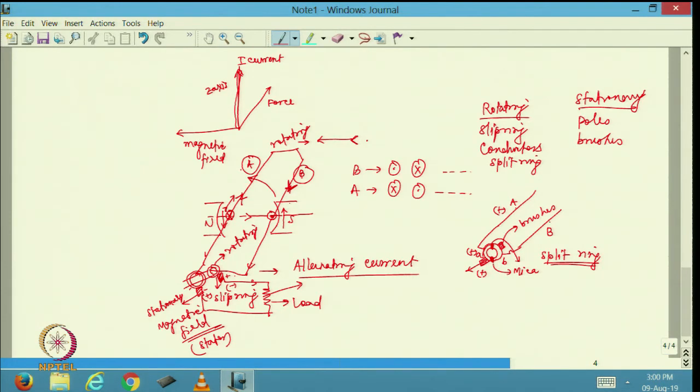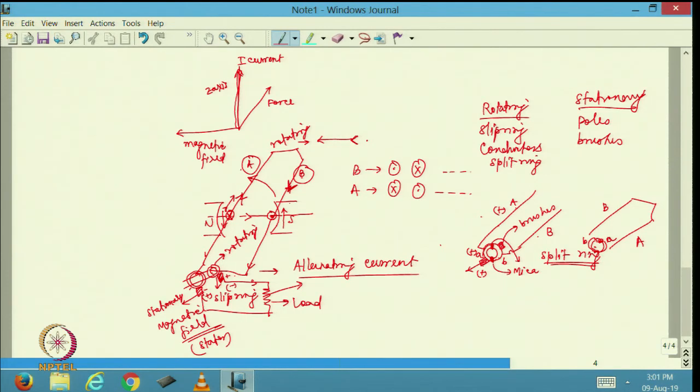Whereas, when B rotates on to the other side, along with that, this small portion, that is B of the split ring, would have also rotated to the other side. So, I would rather show B here, A here, which has rotated by 180 degrees. Now, if I look at the split ring, I am going to have the split ring connected like this. So, this is going to have B and this is going to have A. This has rotated along with the conductor.